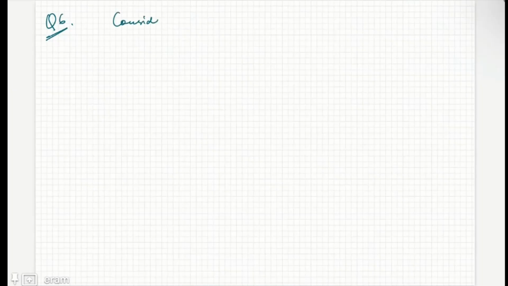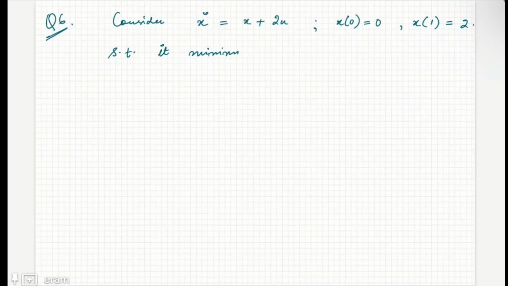Let's consider a scalar system given as x dot equals x plus 2u, and it is given that at t equals 0, it starts at 0, and at some final time equal to 1 second, it should attain the value 2, such that it minimizes our cost function J, evaluated over the time 0 to 1, which is the integral of x square plus u square. So we have to find the optimal control.